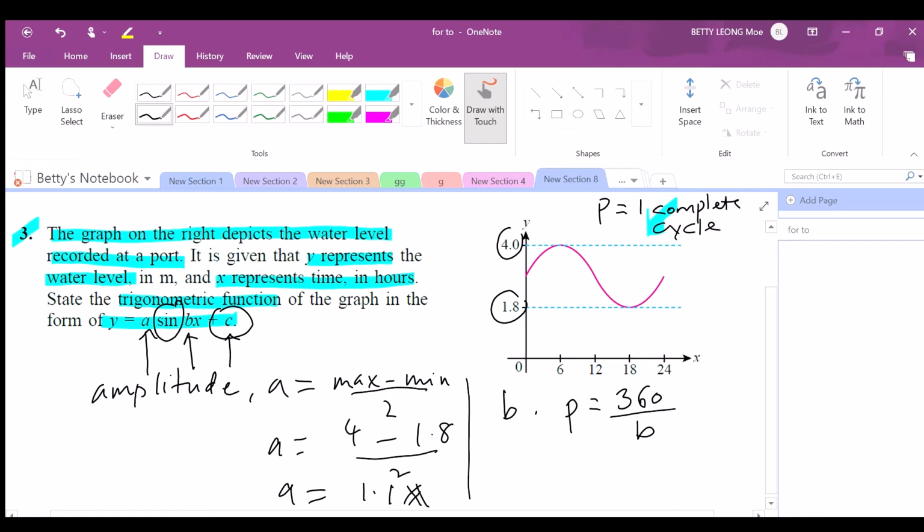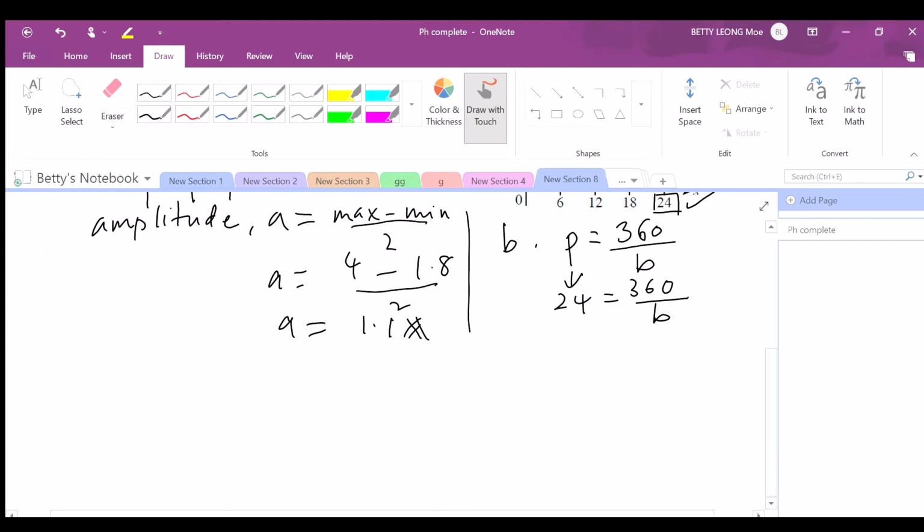So from here, the complete cycle of the sine graph is at 24. So the period is 24, equal to 360 over B.